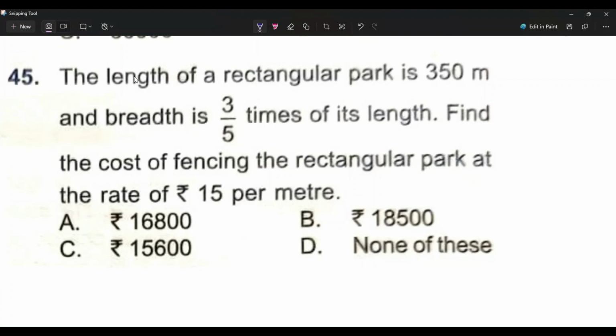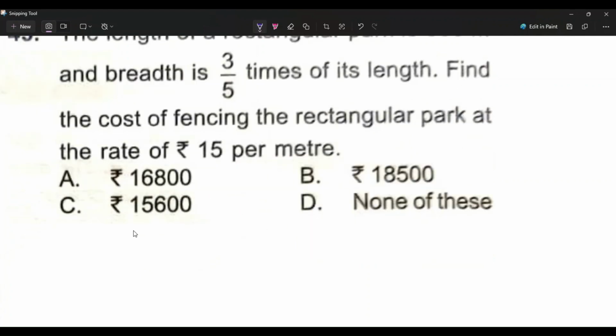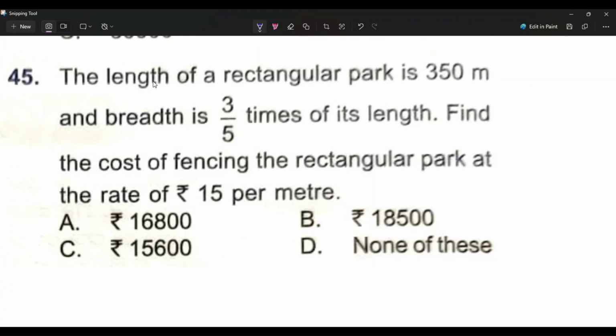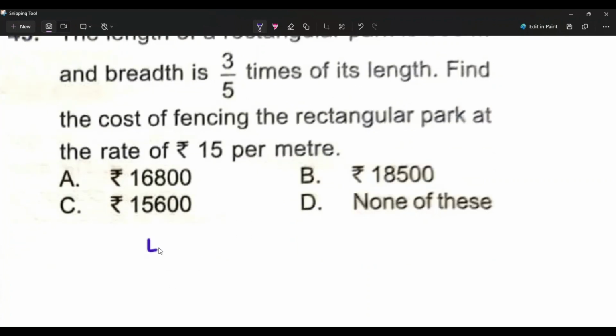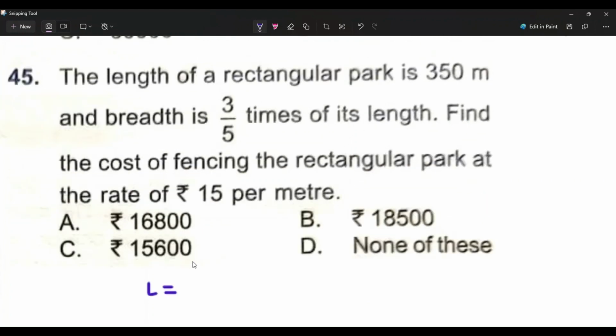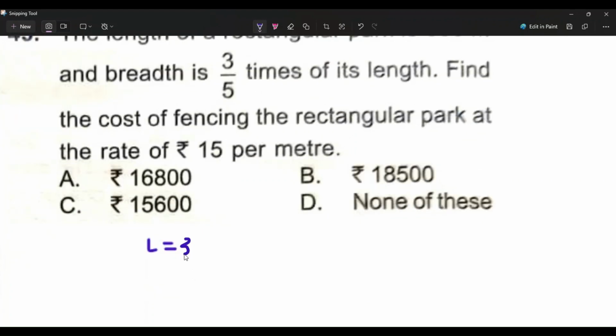Question number 45. The length of a rectangular park is 350 meters and breadth is 3 by 5th times of its length. Find the cost of fencing the rectangular park at the rate of rupees 15 per meter. So length of a rectangular park is equal to 350 meters.